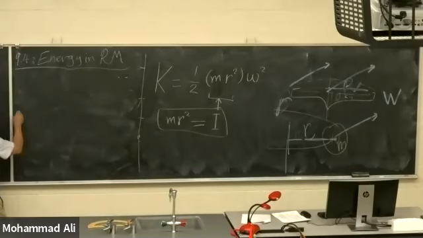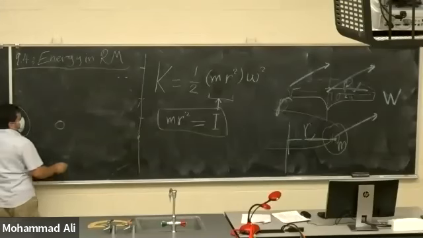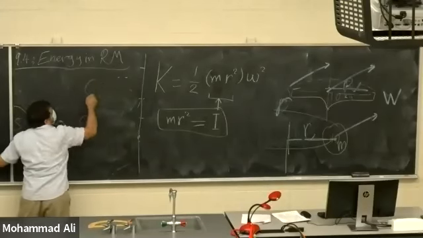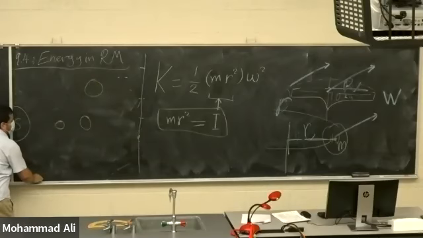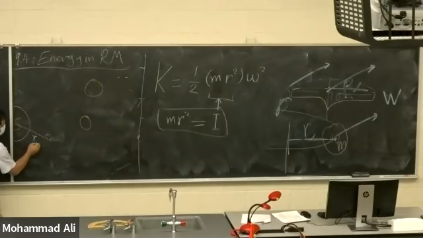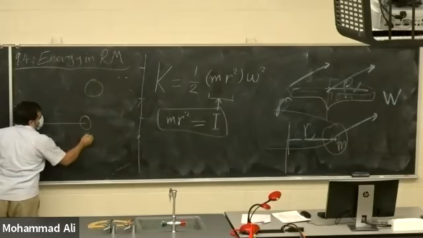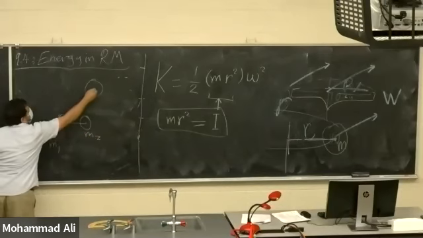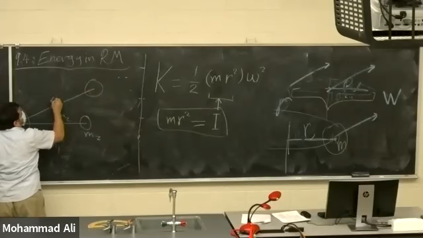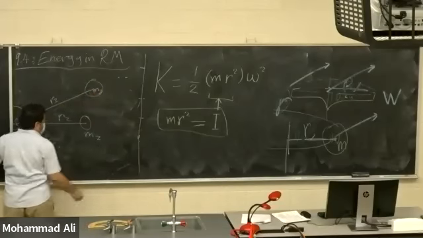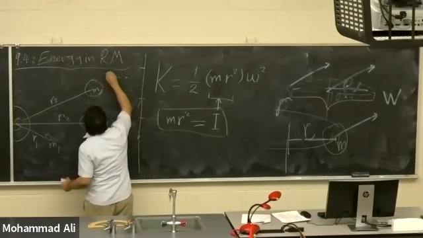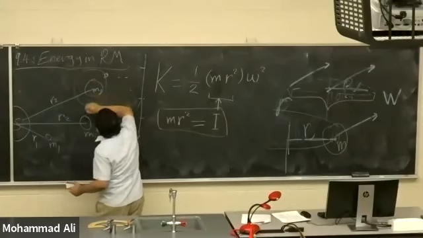If we look at the sun, and we have here Mercury, Saturn, and Earth, for example, we have different R. Let us put this here. We have R1, M1, M2, R2, R3, M3. And we have the moon rotating around the Earth.